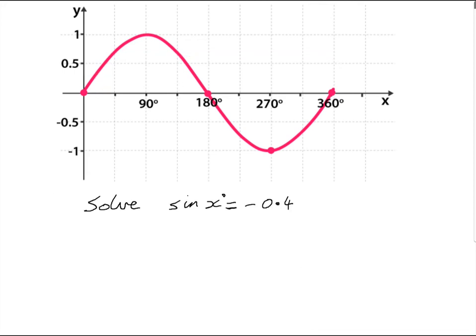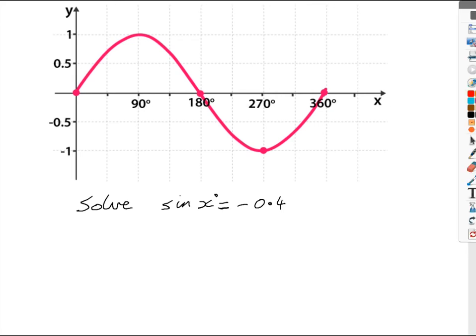What about if we have sine of x equals a negative number? So sine of x equals minus 0.4 here. So I'll draw my line again and we'll see what happens. So 0.4 is going to be just above the 0.5 there. So we'll draw a line along. And also, I'll draw it this way as well. Because the first thing we're going to do is the same as we normally do.